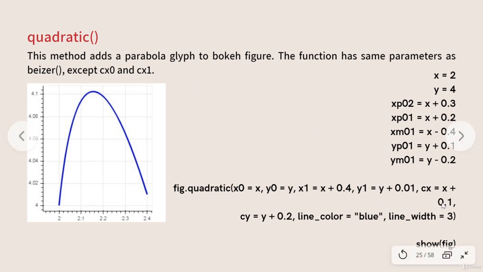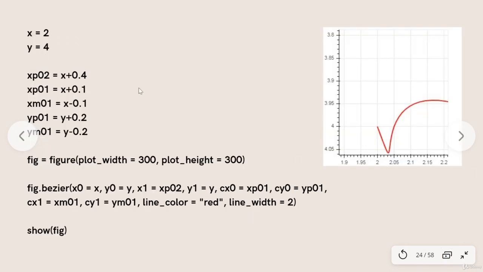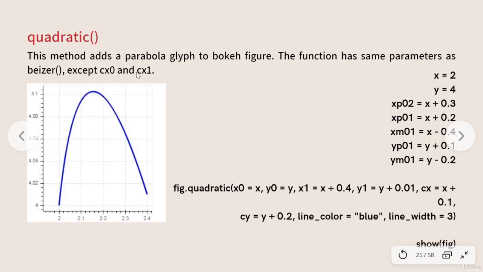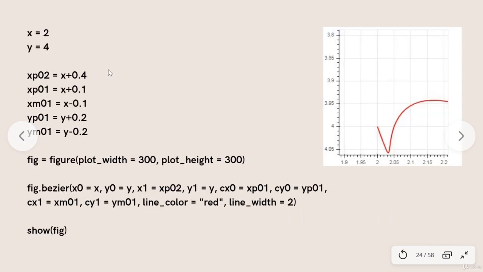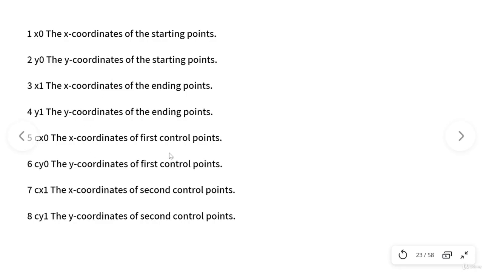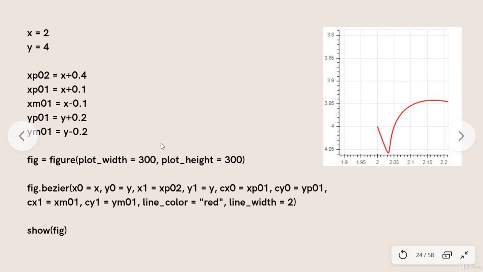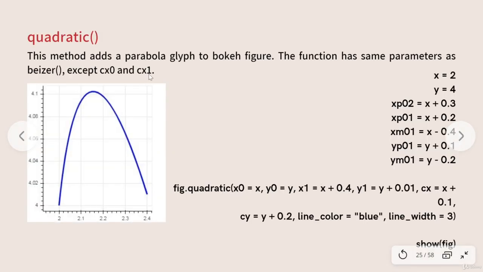So the entire command is the same as what we have given in Bezier here, except that CX0 and CX1, the X coordinate of the first control point and the X coordinate of the second control point, are not there. So control points for X coordinates are not required. Rest all the things are the same.